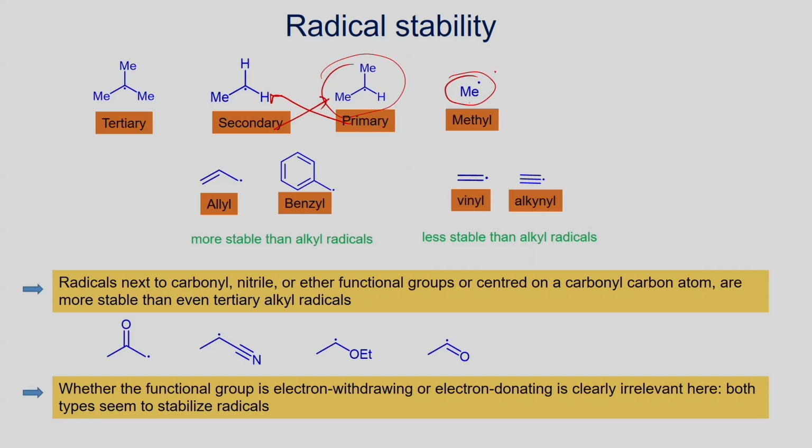This one is the primary radical, this is the secondary radical, this is the tertiary radical. Look at this one: the tertiary radical is more stable compared to the secondary radical, which is more stable compared to the primary radical, which is more stable compared to the methyl radical.